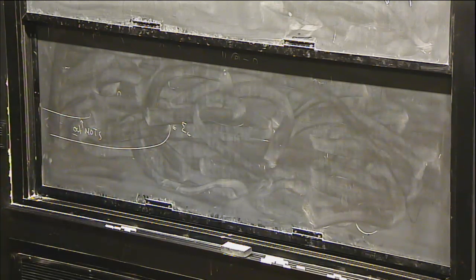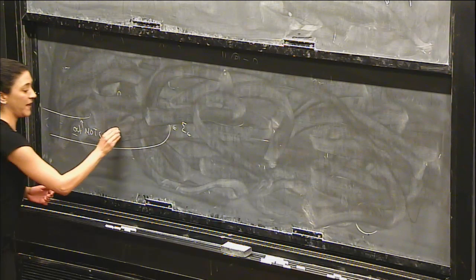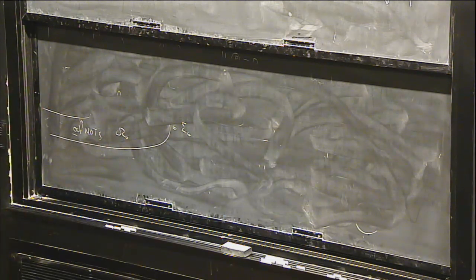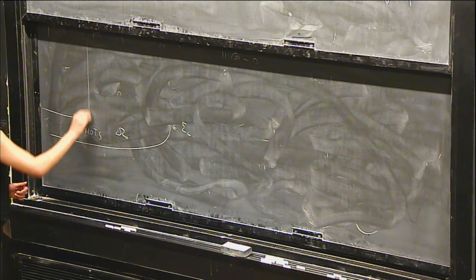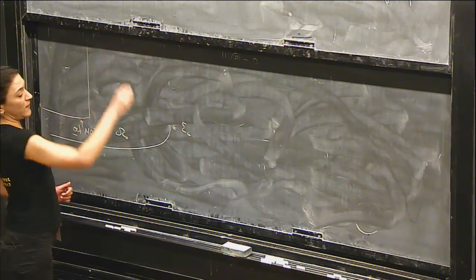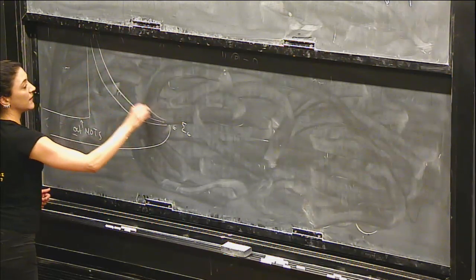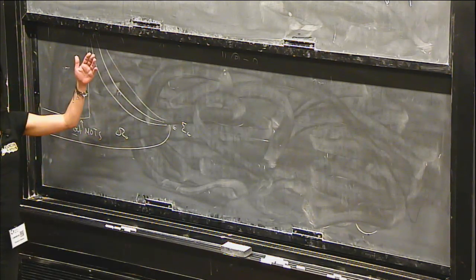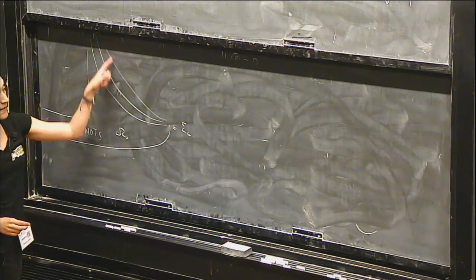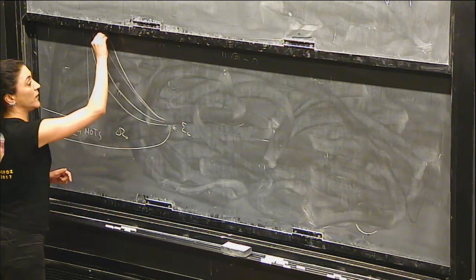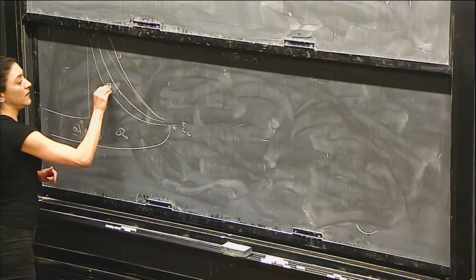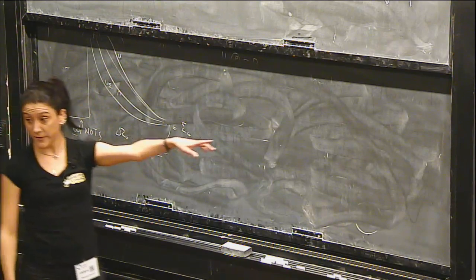Then we hope that this will be our domain omega 0, and what will happen is that this U epsilon will look like this. Okay, and as epsilon goes to 0, we want these to converge to a solution U, which will be a solution of our first equation.